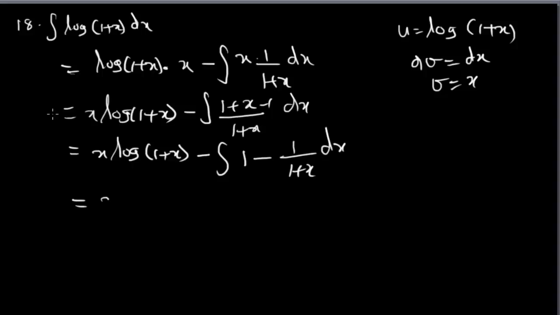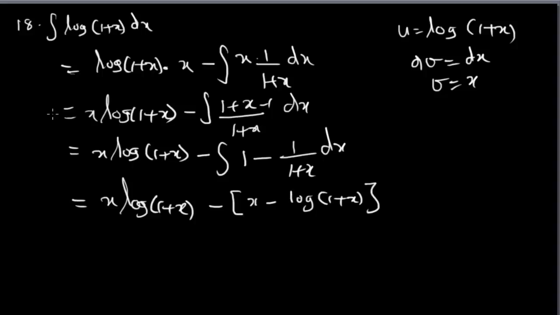This is equal to x into log of 1 plus x minus bracket integration of 1 is x minus integration of 1 by 1 plus x is log of 1 plus x, brackets close, plus c.